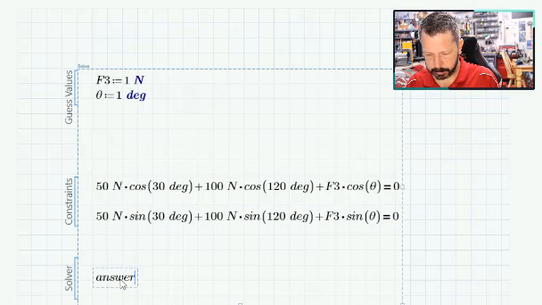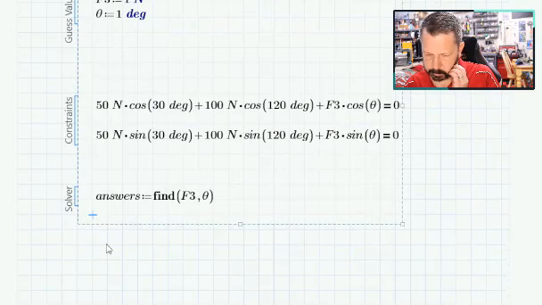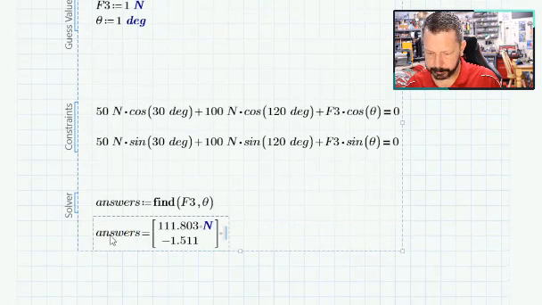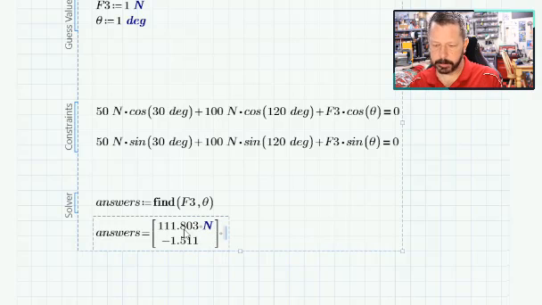So answer equals, I think I do find F3, theta. It found something. Answers equal. All right, so it gave us 111.8 newtons, and then it gave us negative 1.5.